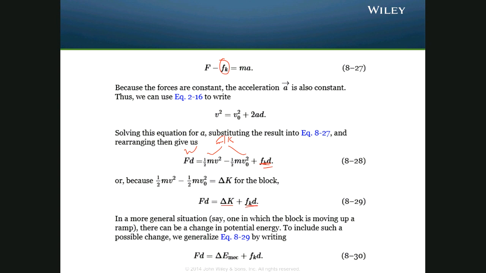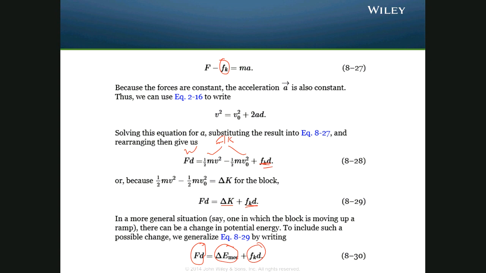We can generalize this whole idea to writing that the work done when we have an external force is the change in mechanical energy, but now with friction we have to add this component. I think it's instructive enough that you should do the details yourself.